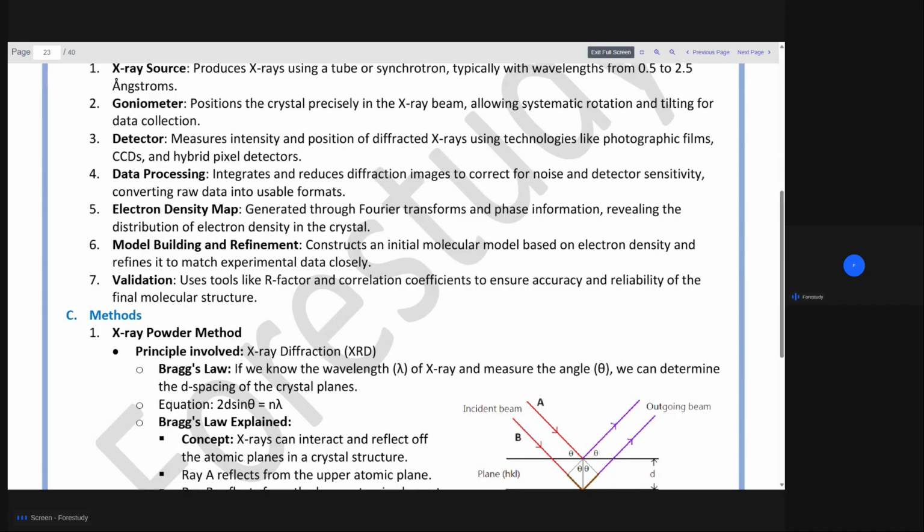Then there is the electron density map, generated through Fourier transformations and phase information, revealing the distribution of electron density in the crystal. We will not go through how exactly this works, because it is very advanced, how the X-ray processing takes place. What geologists do is we have a machine, we give the sample, and we get an output.